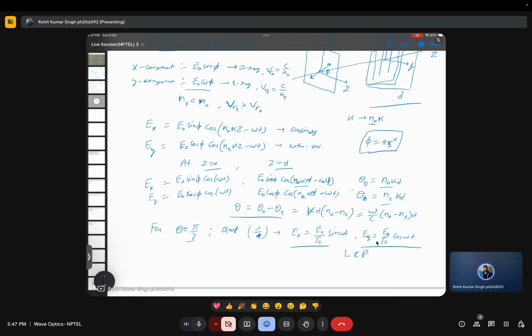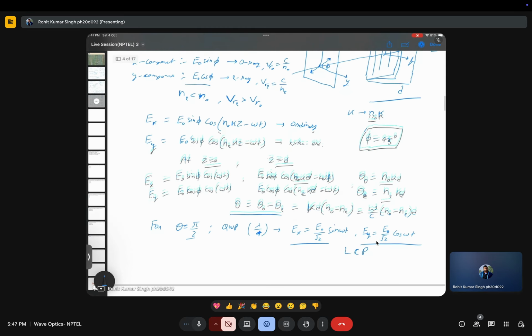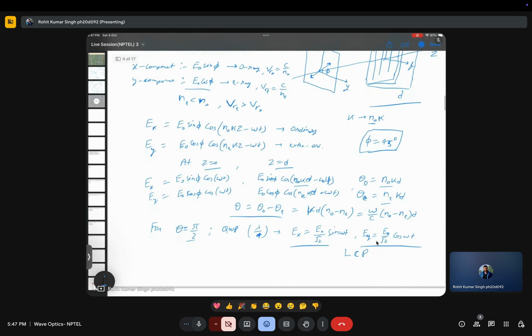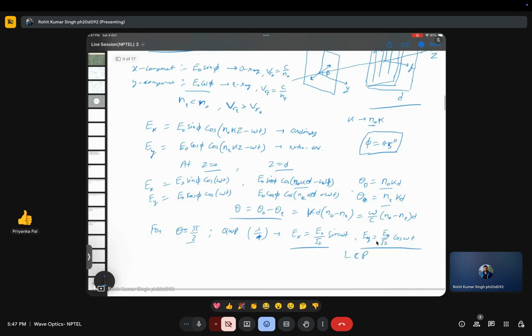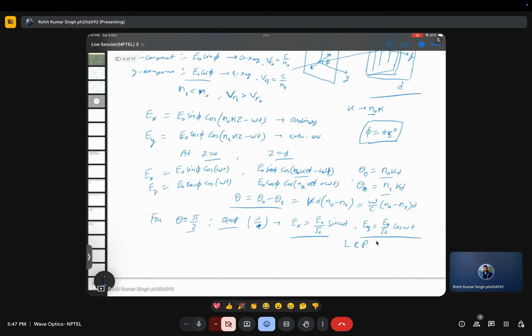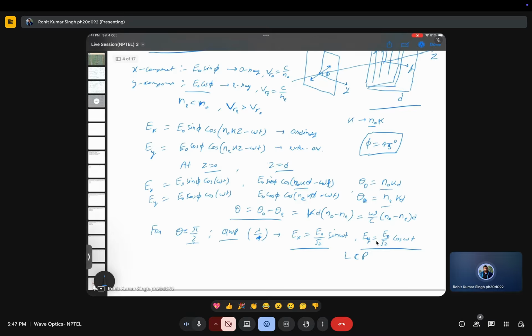Sorry, not linear, left circularly polarized light, okay. You remember? So a quarter wave plate, when it acts on a linearly polarized light, converts it into a left circularly polarized light.